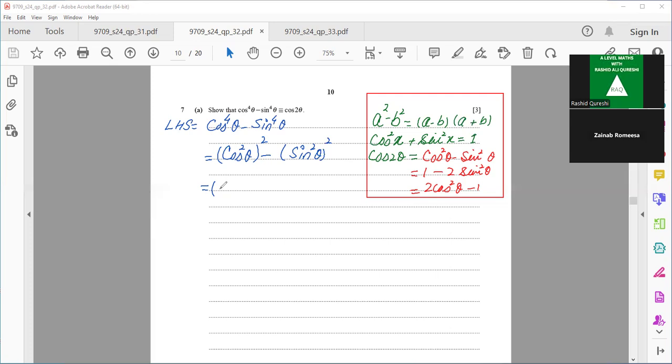One is with the plus sign, the second is with the minus sign. So I have cos square of theta minus sine square of theta, times cos square of theta plus sine square of theta.